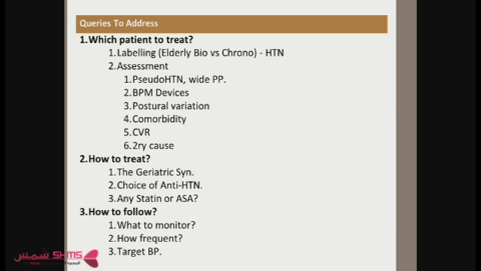So what about the 70s? Shall I put them on a statin or aspirin? This has to be taken as a very crucial issue. This is an area we are missing a lot. How to monitor these patients? It's not just only to measure blood pressure, but how to measure it, how to make sure that he is reaching his target BP, if I have really defined it well. This has to be taken care of.